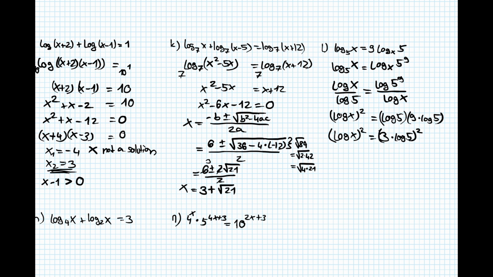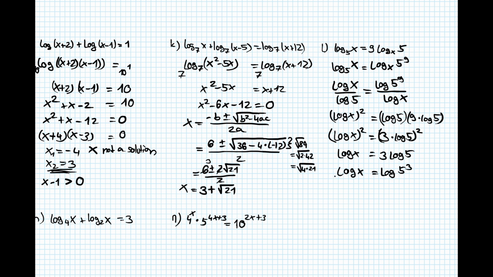Okay, and now we can eliminate the squared, so we're left with log x is equal to 3 log 5. And rewrite the right side again, just log 5 to the power of 3, and that's also 125.